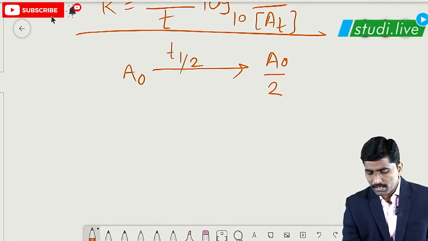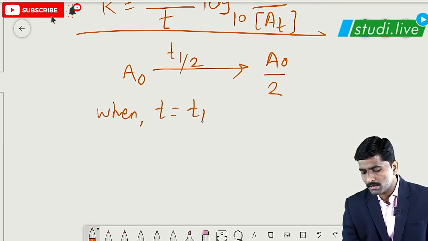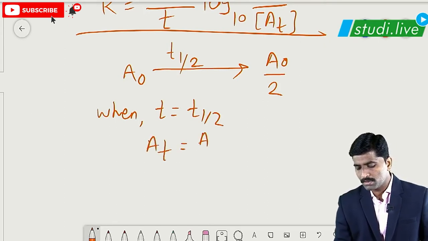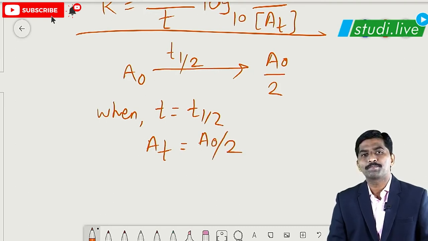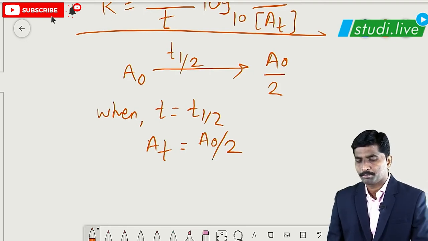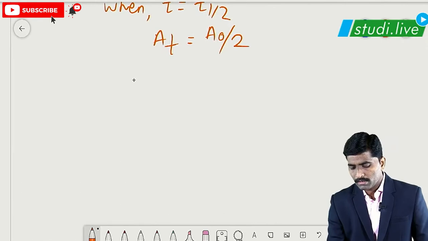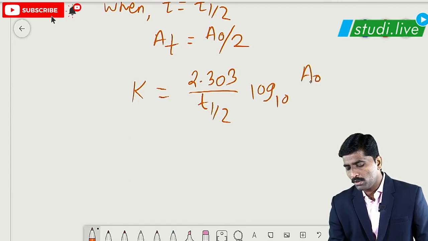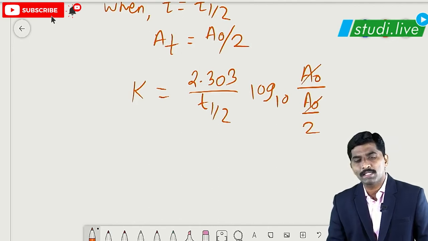So, half-life period can be derived as when t becomes t half, concentration At becomes A0 by 2, and we will substitute these two values in the expression of k. So for that, k becomes 2.303 upon, instead of t I will substitute t half, log 10 A0 upon, instead of At I will be substituting A0 by 2. A0 will get cancelled.